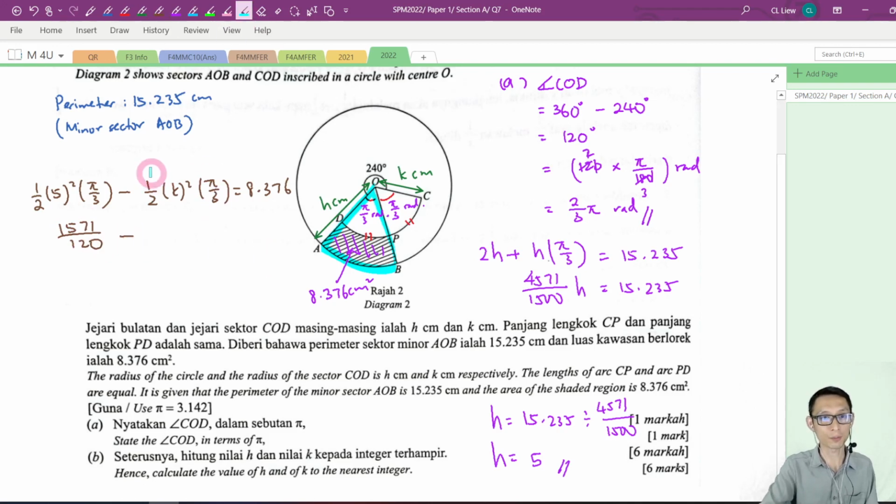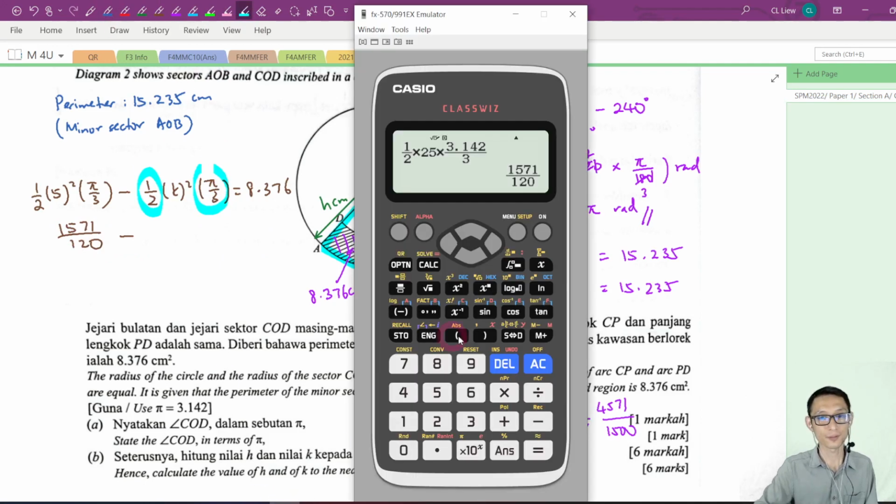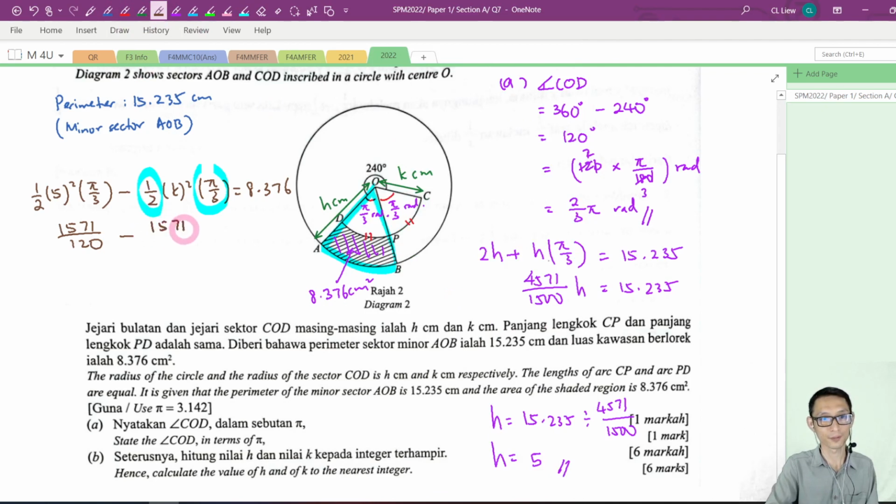So here you just press 1 over 2 times 3.142 over 3. Okay, 1571 over 3000. Don't forget the k squared.